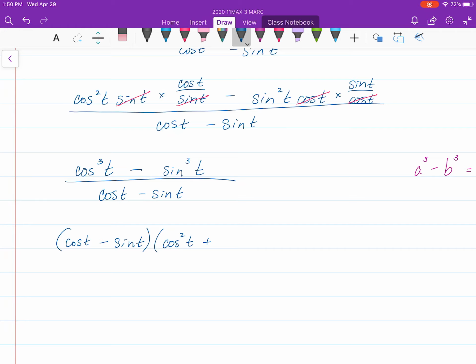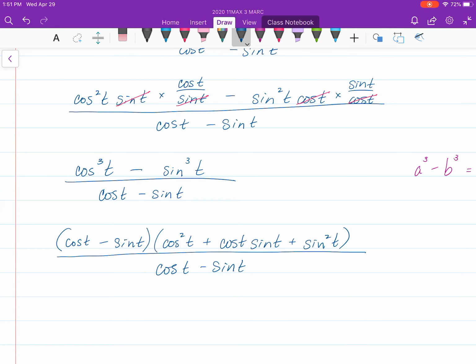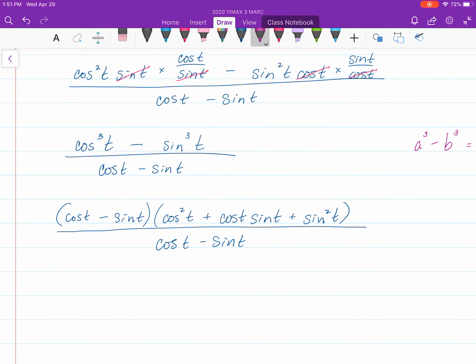My first times my last, so cosine t times sine t. Always positive for my last term, and square my last term. And again, nothing to do with the denominator. No simplifying there. But if you're observant, you've already noticed that that first bracket of cosine minus sine will cancel with the denominator, which is good.